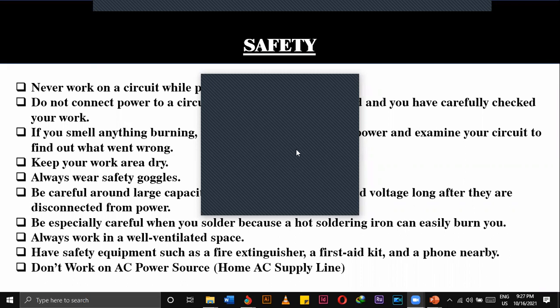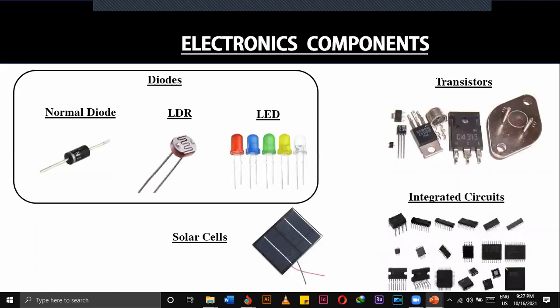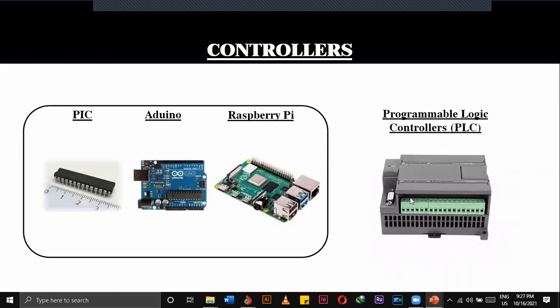Sir, what is PLC? This one is also a controller, like Arduino, Raspberry Pi, but we are not going to look at this one because it's an advanced controller.